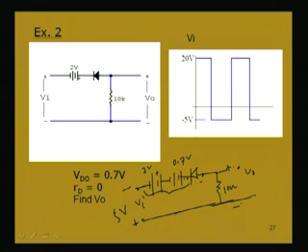If we now apply Kirchhoff's voltage law, V naught minus 0.7, minus 2, minus plus is rising, plus 5 equal to 0, this is Kirchhoff's voltage law.